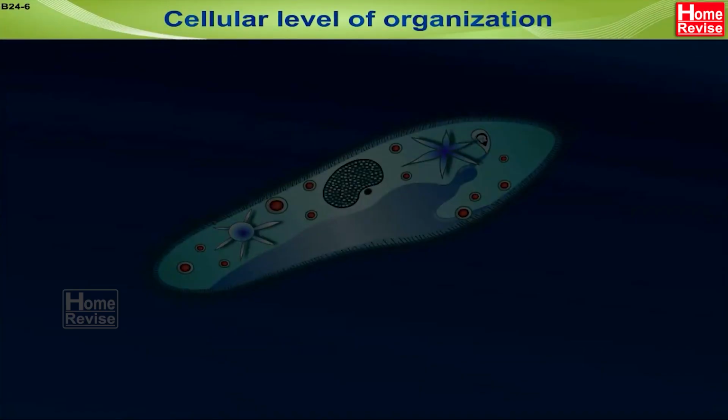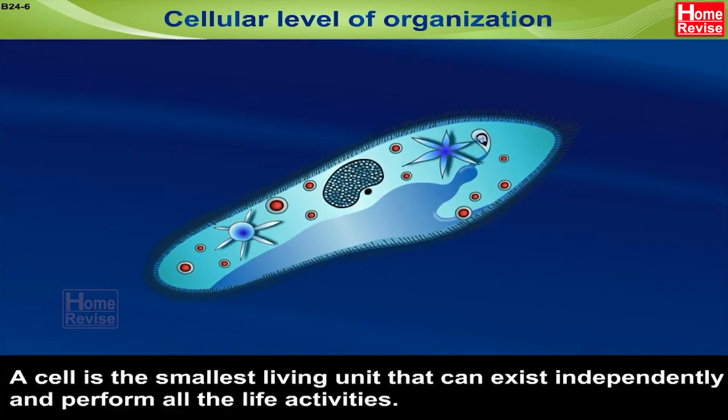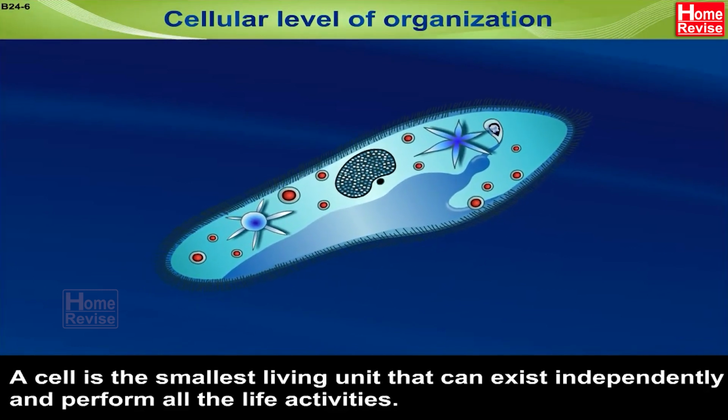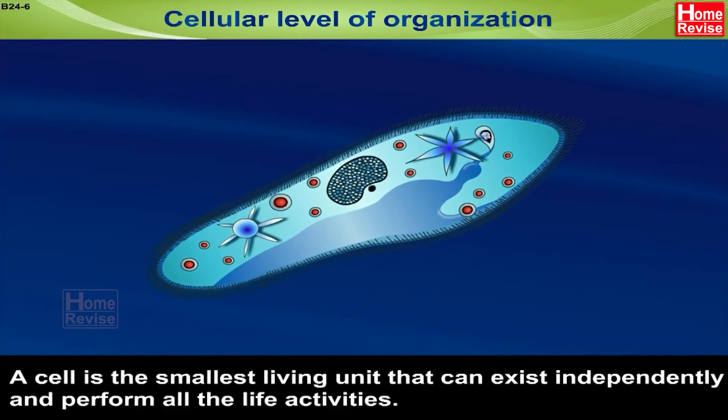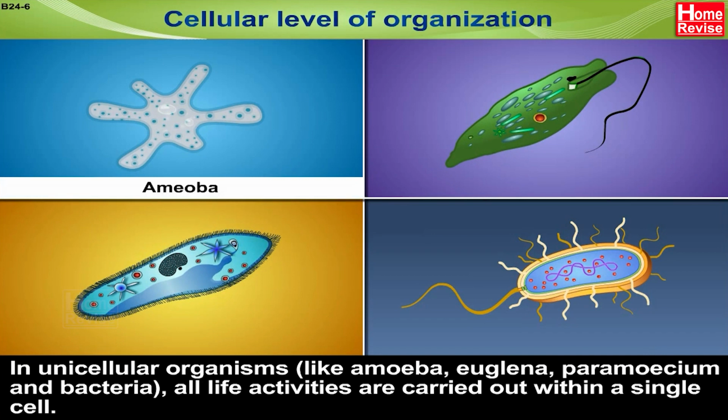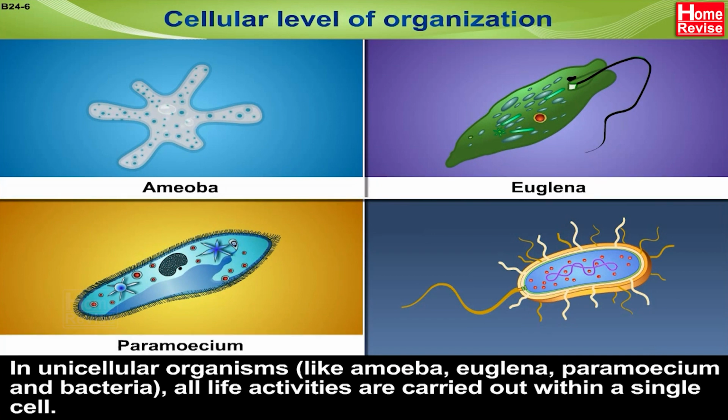Cellular level of organization. A cell is the smallest living unit that can exist independently and perform all the life activities. In unicellular organisms like amoeba, euglena, paramecium, and bacteria, all life activities are carried out within a single cell.